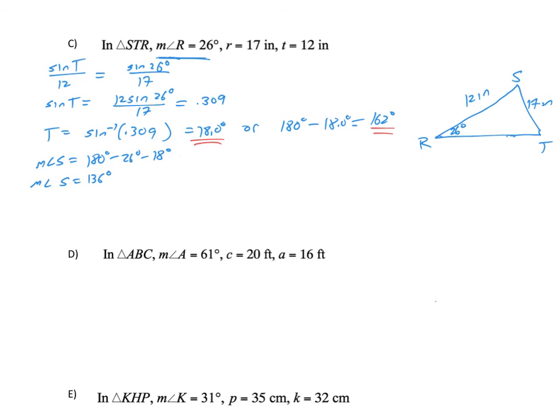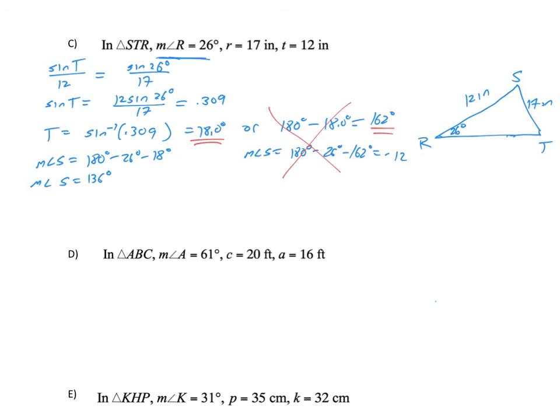So here, we'd have the measure of angle S is equal to 180 degrees minus angle R, which is 26 degrees, minus 162 degrees, which would be angle T. This turns out to be negative 12. So we can conclude that this second angle is not possible. So we're just going to have one triangle. So let's continue on and solve it.